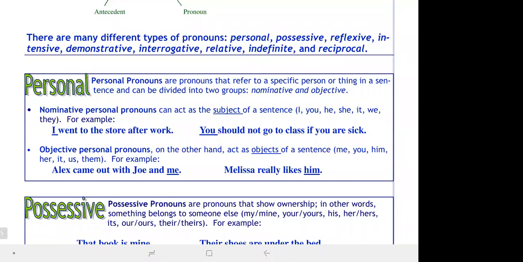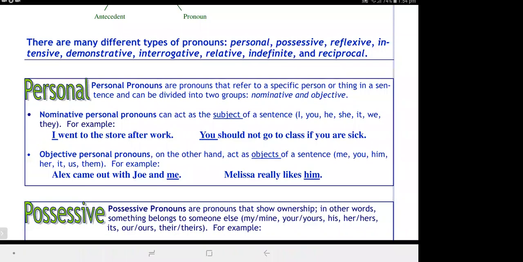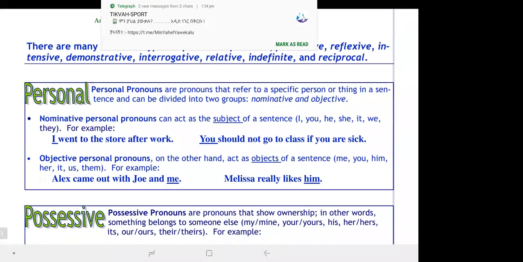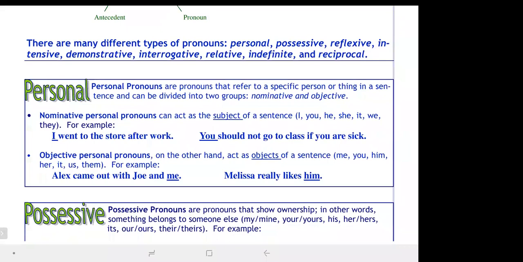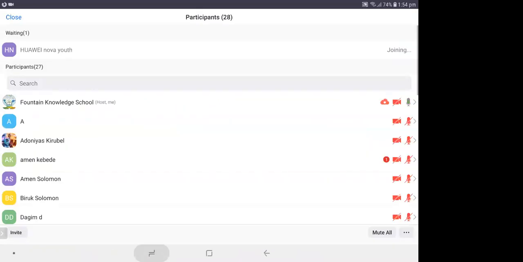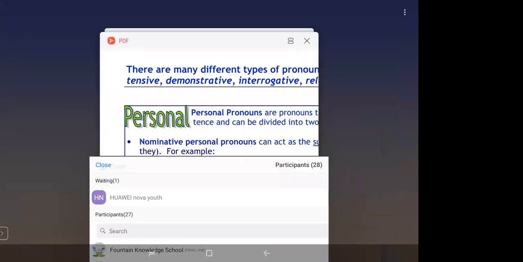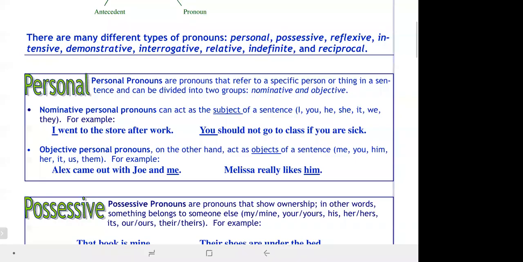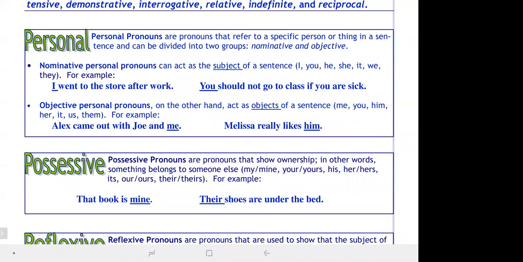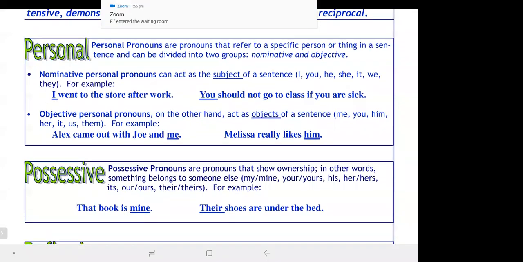When you come to objective personal pronouns, these are the objective forms of the ones that I mentioned now. So look at it. Me, that's the object pronoun form of I. You, as I said earlier, is second person plural as well as singular, so the object form is also the same.